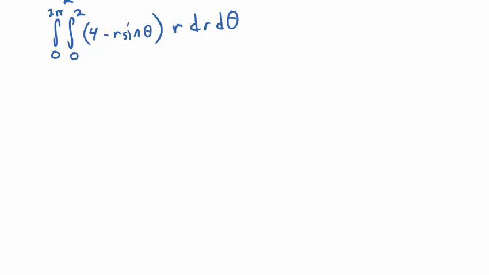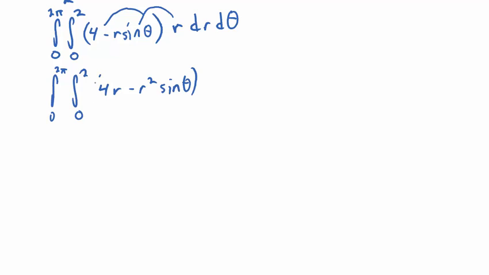Okay, so there's no way to separate this, so let's just distribute the r. We get 4r minus r squared sine theta in parentheses, and then dr d theta. And then just integrate with respect to r.